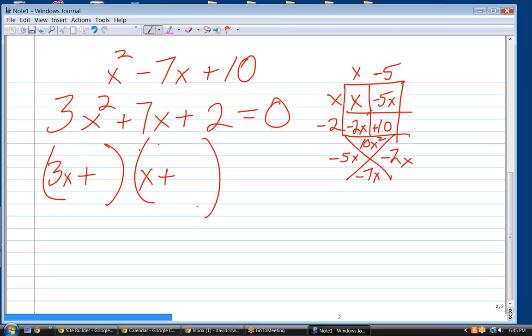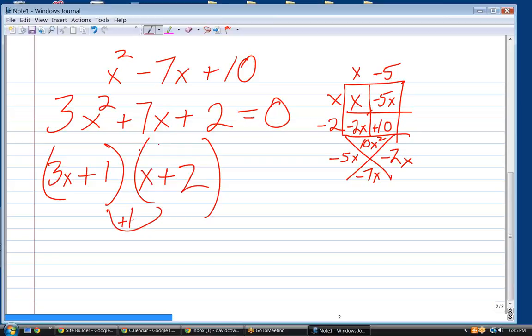Now, we want factors of 2. Well, there's not a whole lot of choice. I can either put a 2 there and a 1 there, or I can switch them. Notice that it does matter which way I go. If I put the 2 here and the 1 there, well, I get 2x and 3x. That only gives me 5x in the middle. That doesn't work. Well, there's only one other option to switch them around. Put the 1 there and the 2 there.